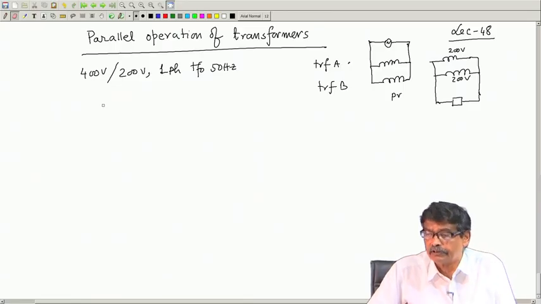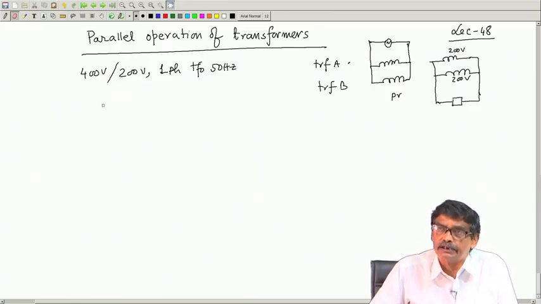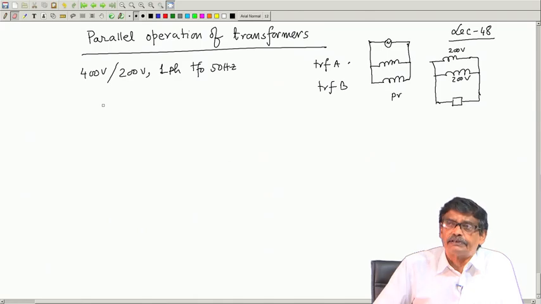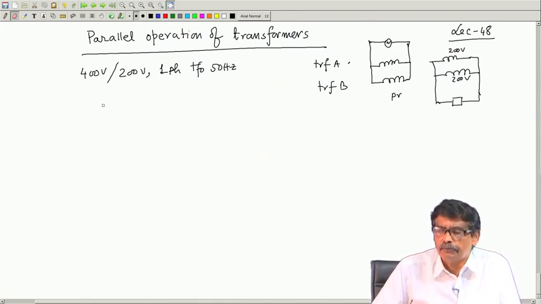we must ask ourselves what is the need of connecting two or more transformers in parallel. For example, in a power system, particularly in the distribution system, at the last level there is a transformer whose rating is typically 6.6 kV to 440 volt, 3 phase, that we discussed earlier.